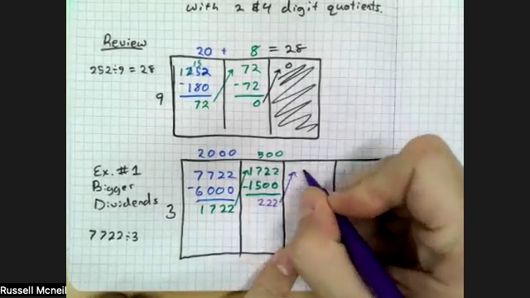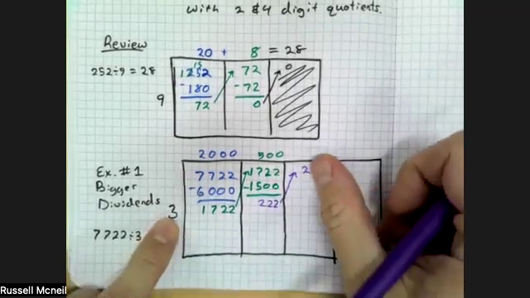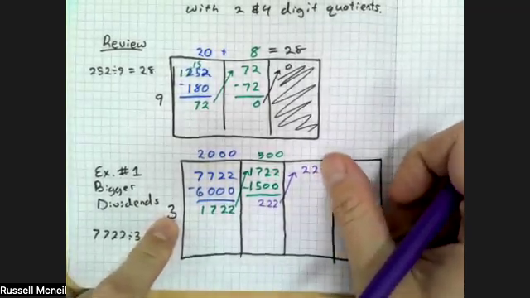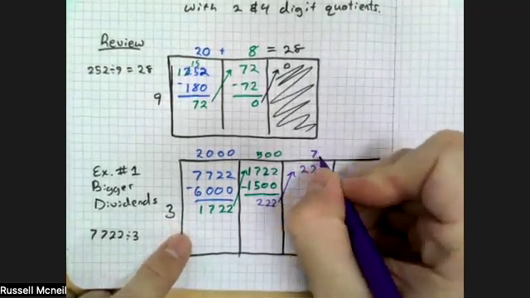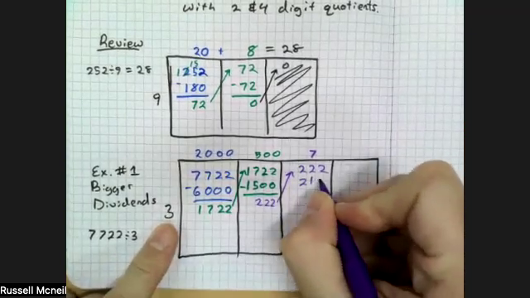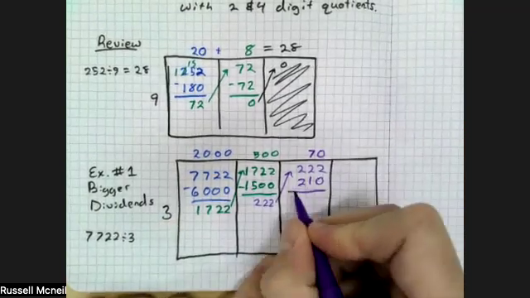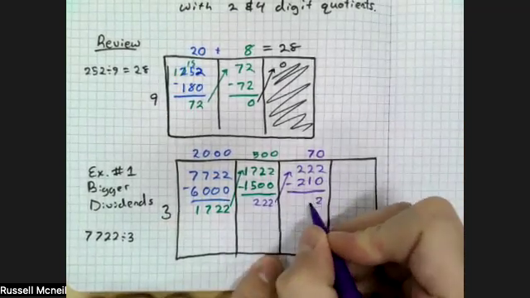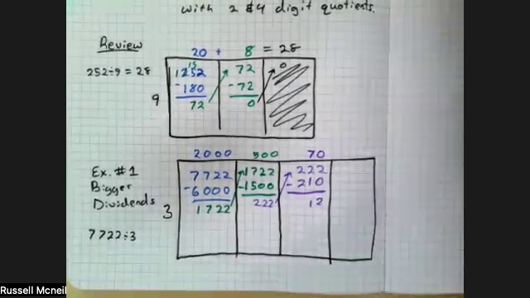Move it up. How many times does 3 go into 2? It doesn't. How many times does 3 go into 22? It goes in 7 times. 7 times 3 is 210. So we need that 0 up there. Let's subtract. 2, 1. Now we're down to a much smaller number.